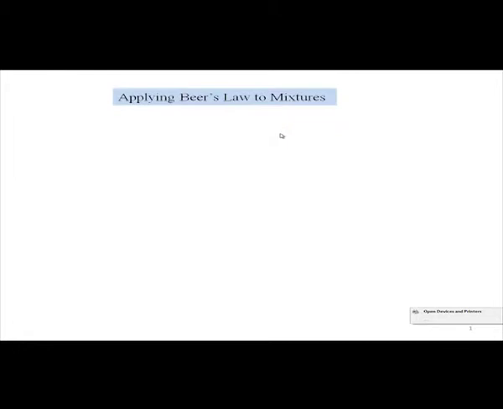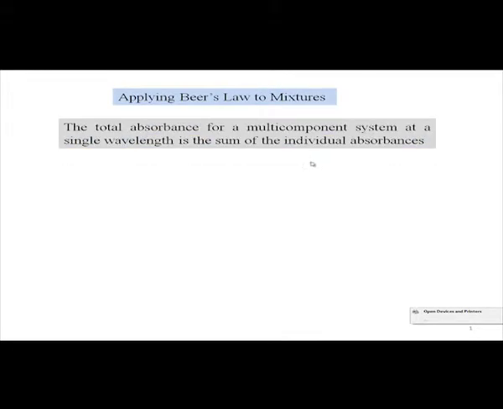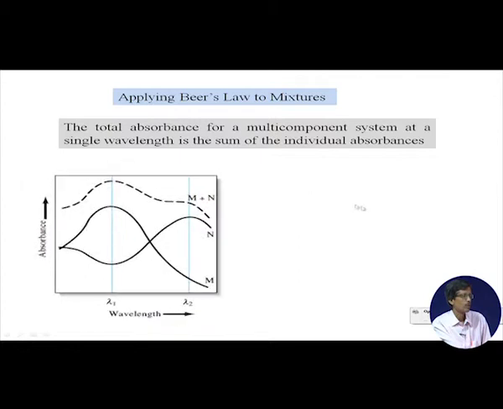Okay. So, now we will see the application of Beer's law. In one of our previous classes we started discussing this, the total absorbance. Suppose you have a mixture of M plus N, because M is one metal ion and N can be another metal ion, or M can be an inorganic species and N another inorganic species, or each is a metal ion chelate.